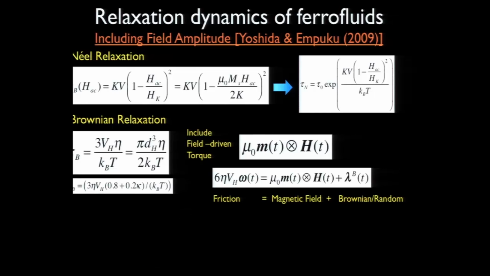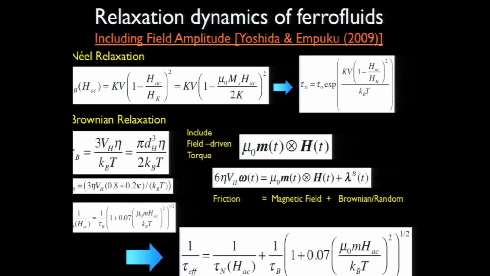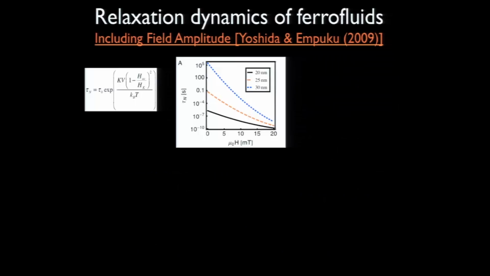There is a frictional torque, which prevents the particle from rotating, balanced by the magnetic field torque and a Brownian relaxation torque. If you balance these and solve the so-called Fokker-Planck equation numerically, you get a solution of this form, where the Brownian relaxation time now has a field component, it is modified by the field, and then you get the effective relaxation time, where both the Néel relaxation term and the Brownian relaxation term depend on the field amplitude. Okay? And now you can calculate all of this.